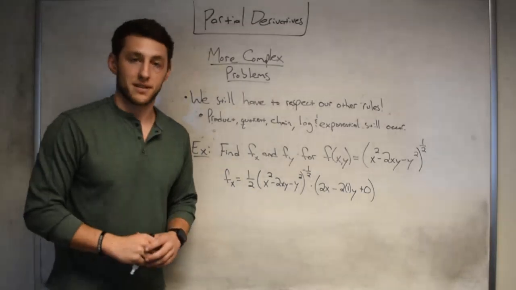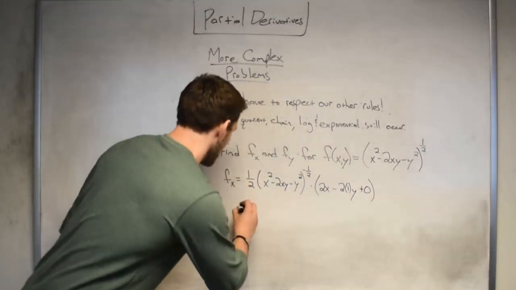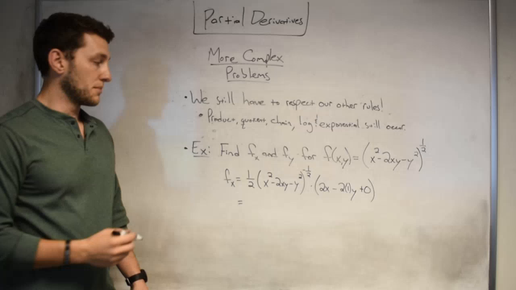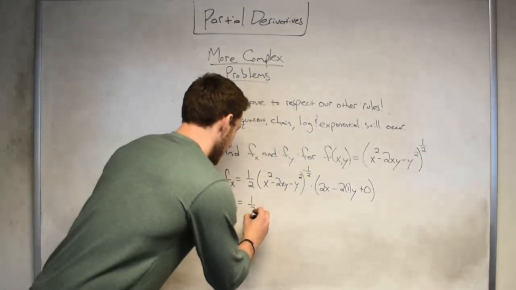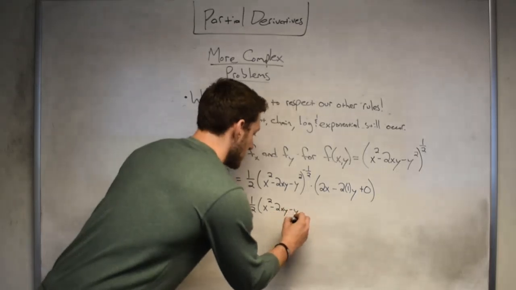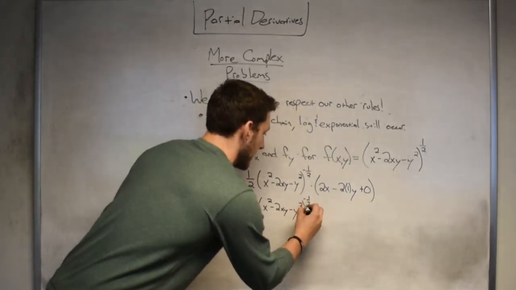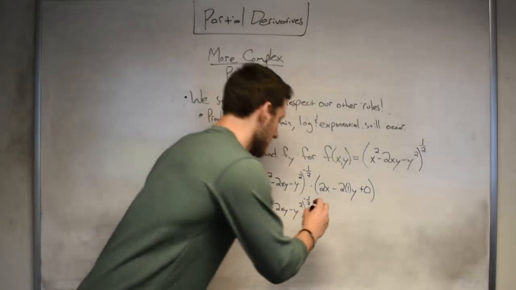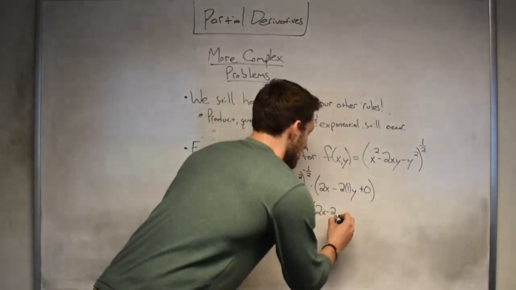The derivative of the inside, giving me a final answer, if I like to simplify it, of 1/2 times x squared minus 2xy minus y squared to the negative 1/2 times 2x minus 2y.